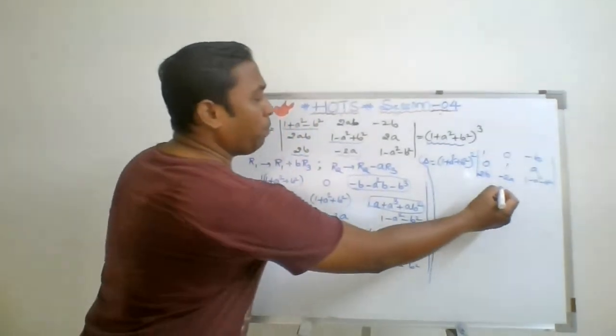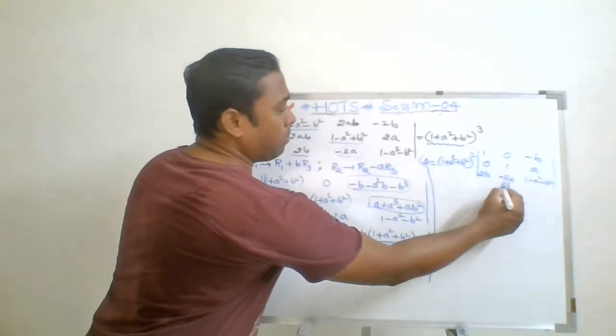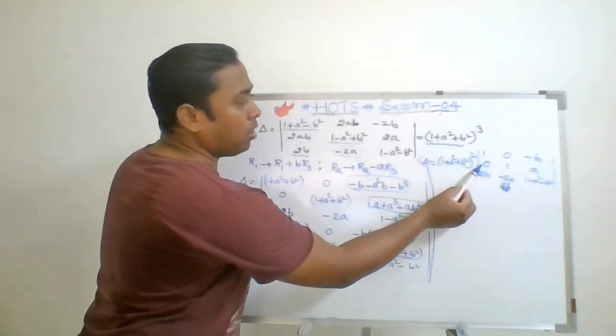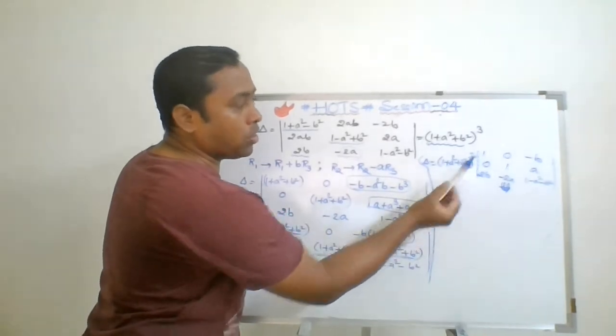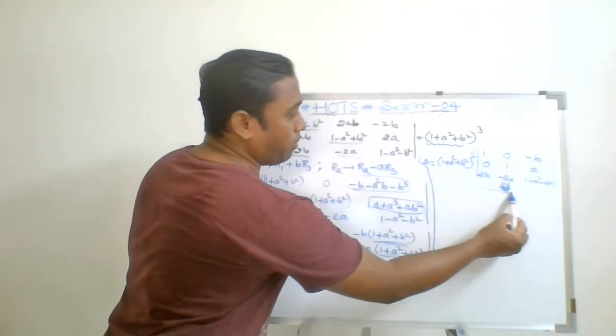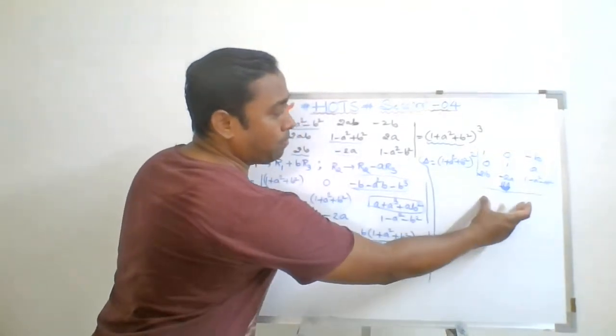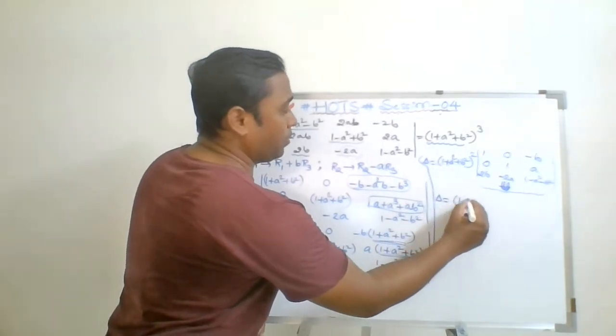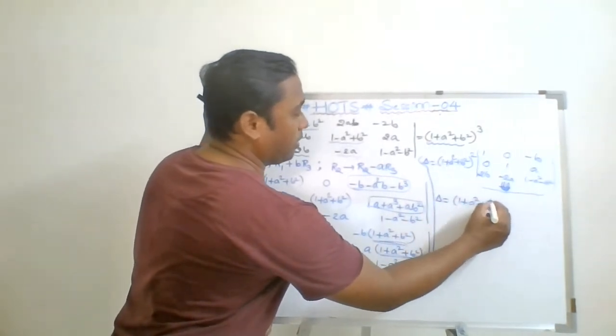Now simply open this determinant with the help of either R1 or R2. Whether you open it with R1 or R2, this determinant value becomes again 1 plus a square plus b square. So the total answer becomes ultimately like this.